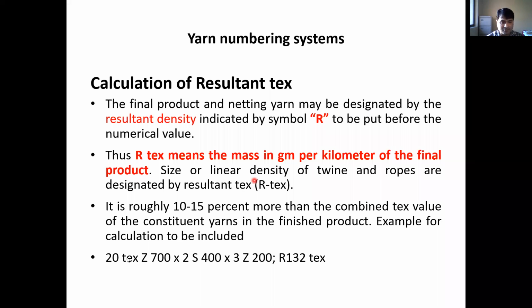Yes, sir. Then you say, this is the complete designation of the final product.